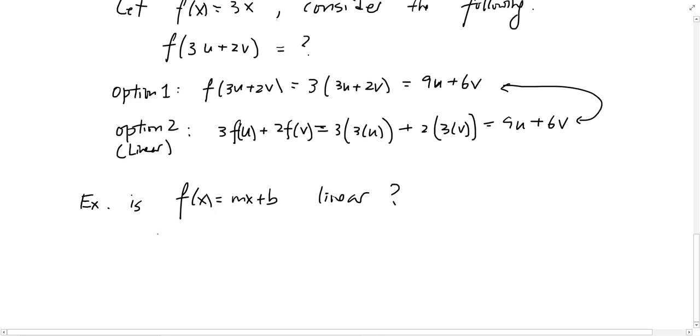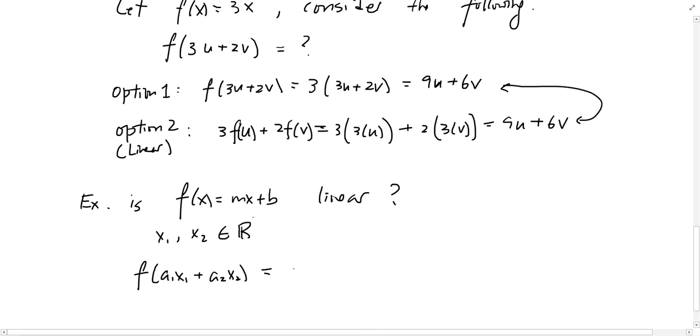So consider the following. Consider that we have x1 and x2 within the set of real numbers. And we're going to do the same thing as what we did before. I'm going to try to do f of a1 x1 plus a2 x2 and try to show that this equals a1 f of x1 plus a2 f of x2, or show that they're not equal and therefore it's not linear. So let's do this.